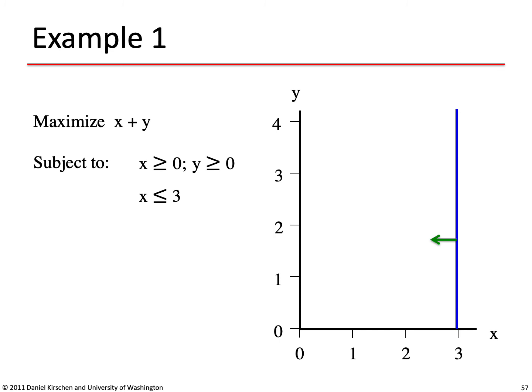We also have an upper limit on the y decision variable, saying that y should be less or equal to 4, and this is shown by the horizontal blue line and indicates that all the solutions must be below this line.